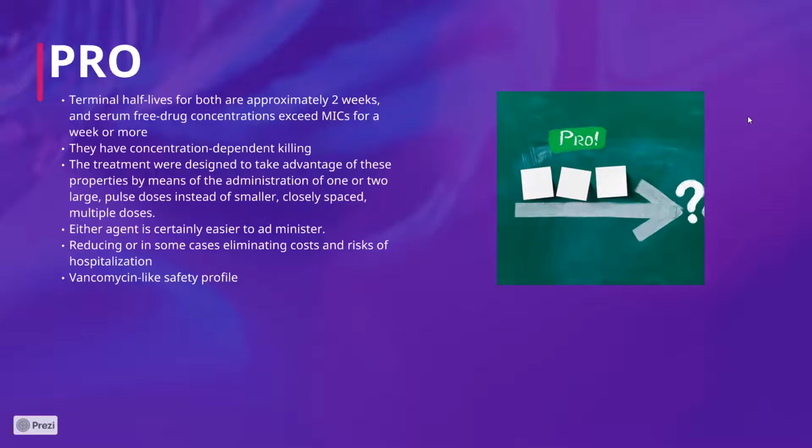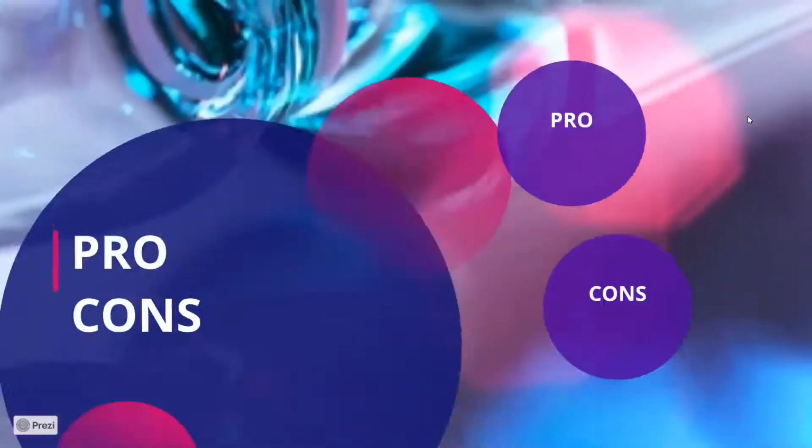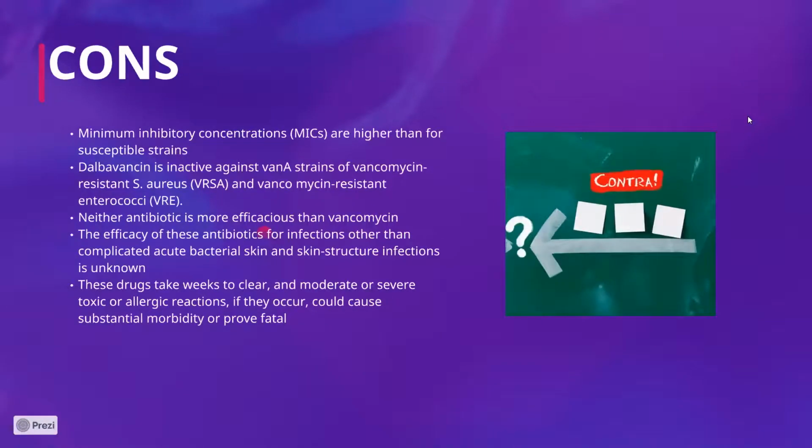Either agent is certainly easier to administer, reducing or in some cases eliminating costs and risks of hospitalization. Vancomycin has a safety profile. With MRSA, the minimum inhibitory concentrations are higher than for susceptible strains.